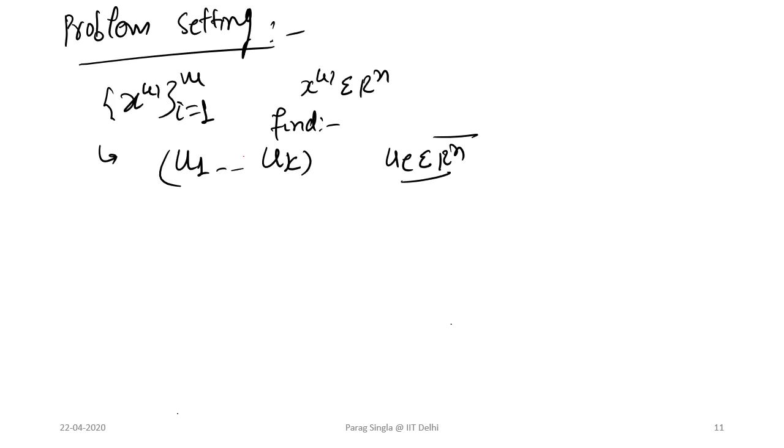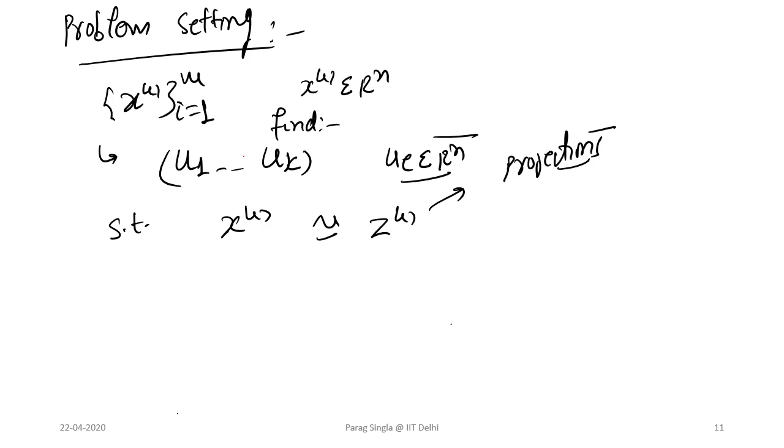So each ul belongs to Rn, and we want to find this u1 to uk such that each xi can be approximately represented as zi, where zi are the projections of the xi points onto the u1 to uk dimensions.